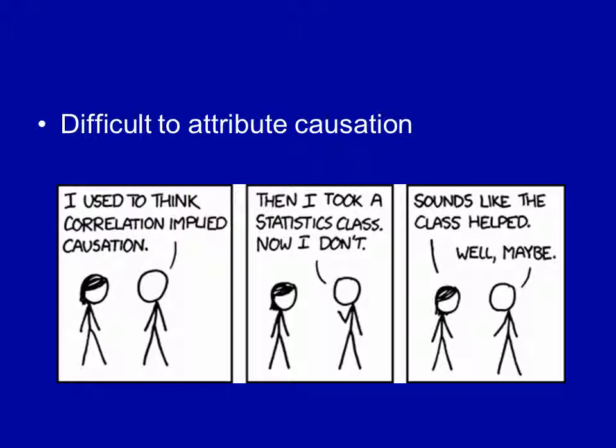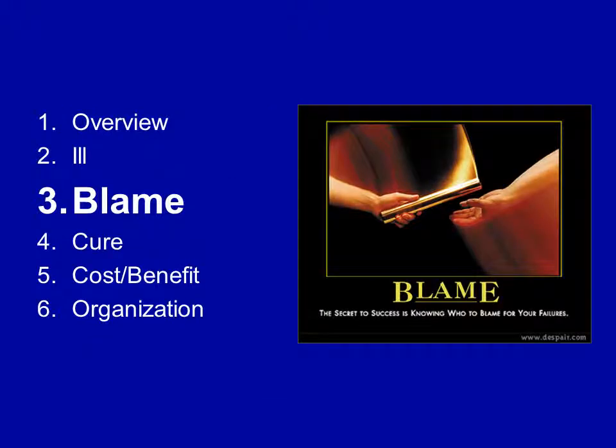Let me give you another quick analogy on this, kind of as we go to our review. Right? We have an ill and a blame and a cure and a cost benefit that are the four different stock issues. Ill means we're sick. Blame, we would kind of like to know why we are sick, because that is going to influence our choice of a cure.